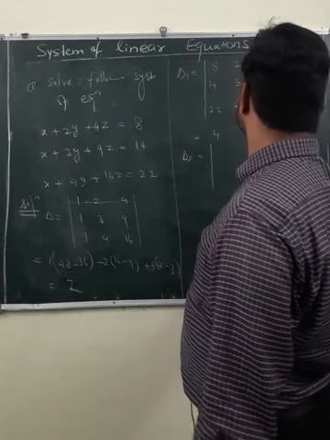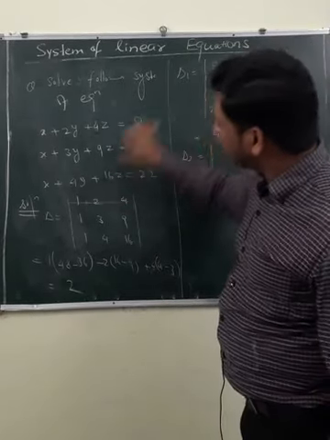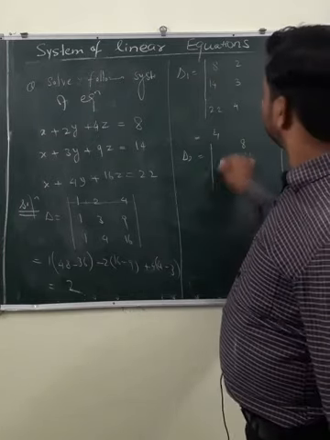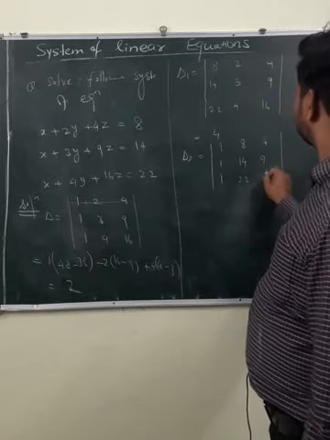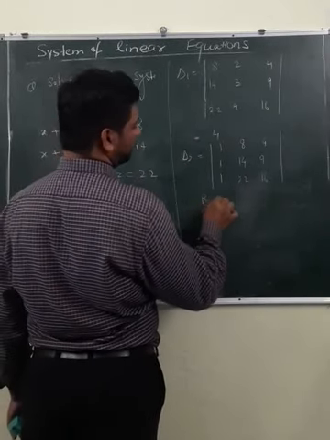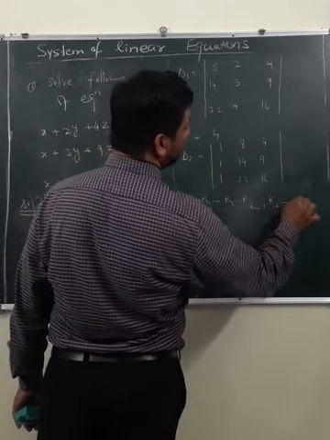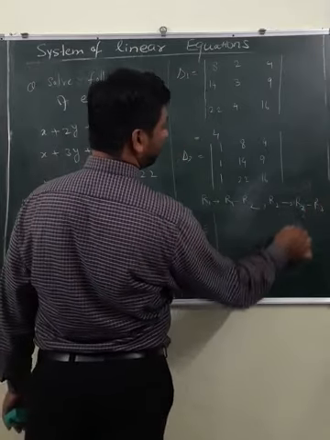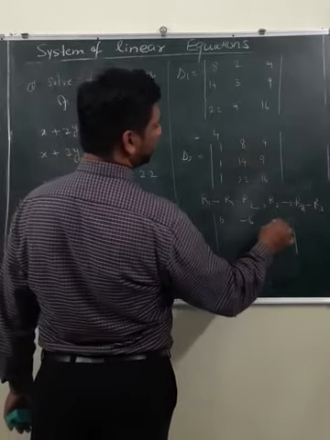Delta 2. I have to replace this column by 8, 14, 22. Here is 1, 1, 1, 4, 9, 16. I will make 0 here. R1 goes to R1 minus R2, and R2 goes to, it will become simple, R2 minus R3. 0, minus 6, and minus 5.